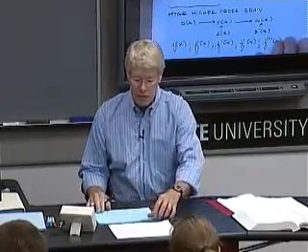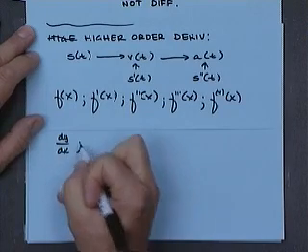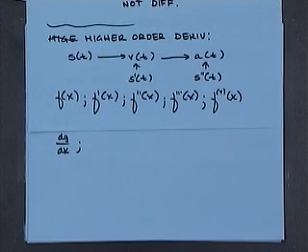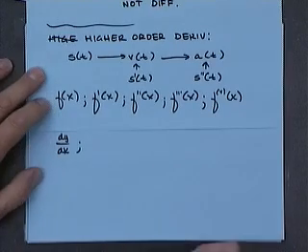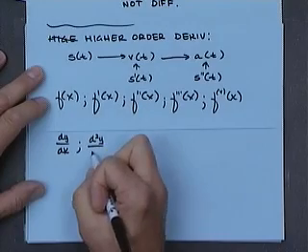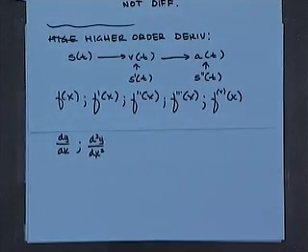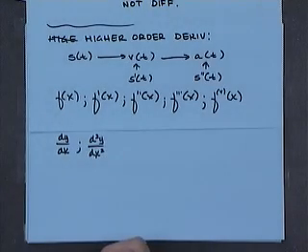Other notation for derivative that you'll see in this book, we have started this. dy over dx, that's the derivative of y with respect to x. It's the same thing as f prime of x. That would be the notation then for second derivatives, kind of the second derivative of y with respect to x both times.